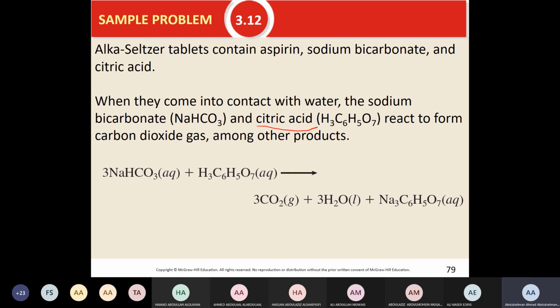You can relate these things together. The first thing I want you to do, I want you to tell me what's the molar mass of NaHCO3. What's the molar mass?